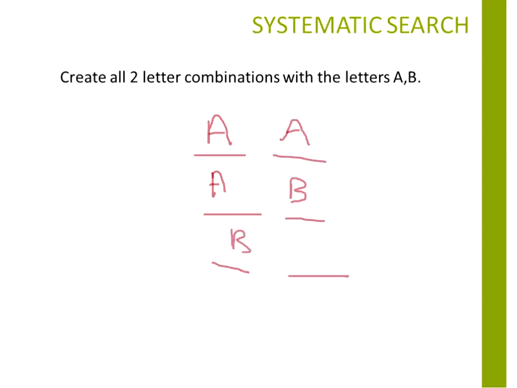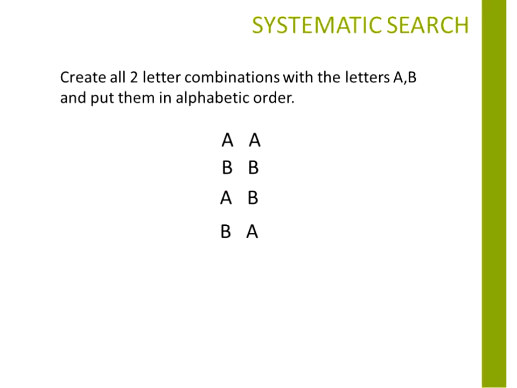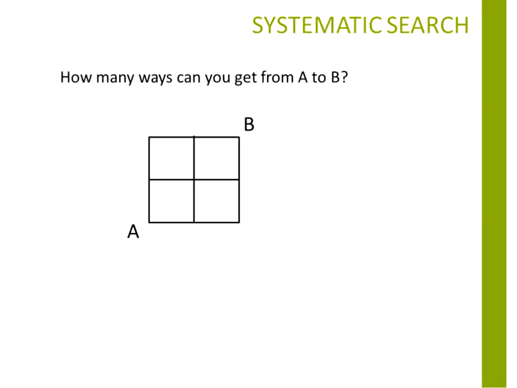And then BA and BB. So that might seem like it's not very important for problem solving, but I'll show you a problem where alphabetic order can help organize your thinking. So there's the answer to the question I just gave.